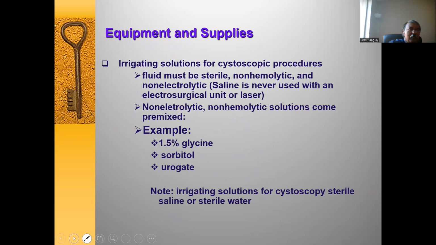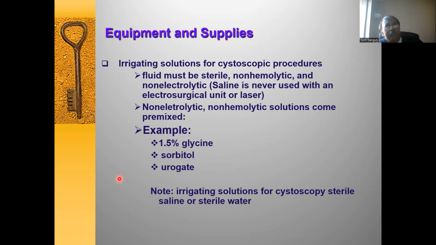Now, we're talking about irrigation that we need. For cysto, where you use a diagnostic scope to see the bladder, ureter, that is called a cystoscopic procedure.